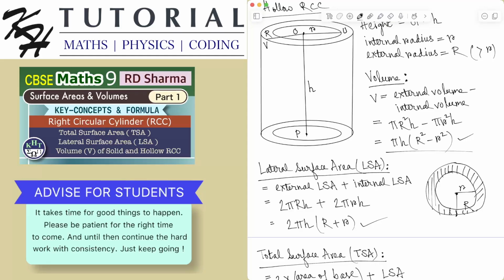So the area of each end face is equal to pi into capital R square minus small r square.